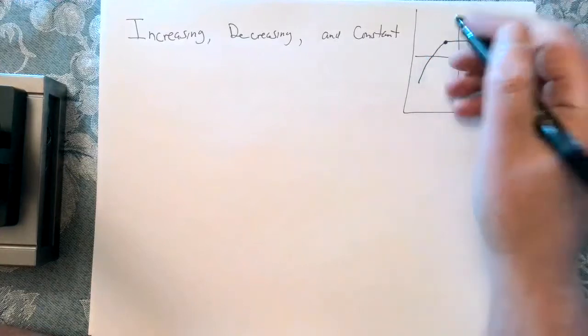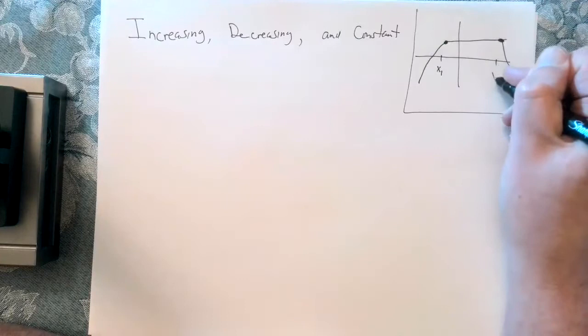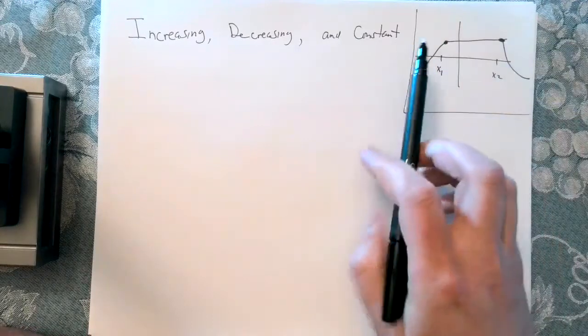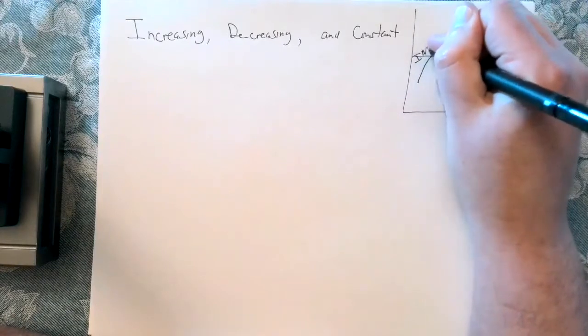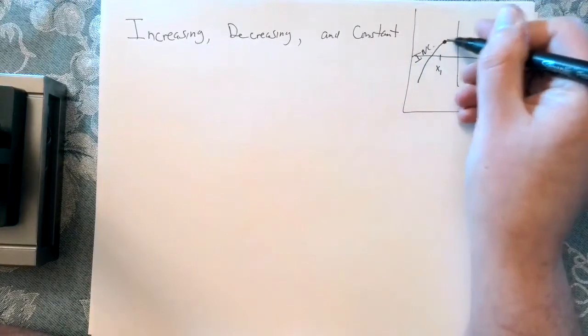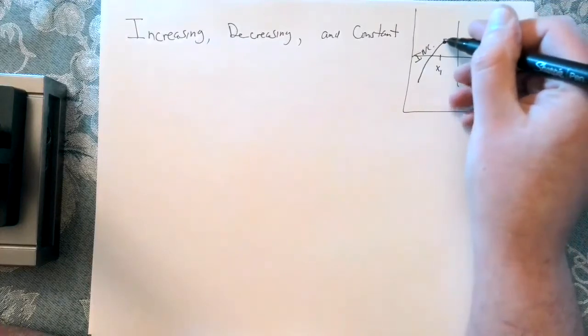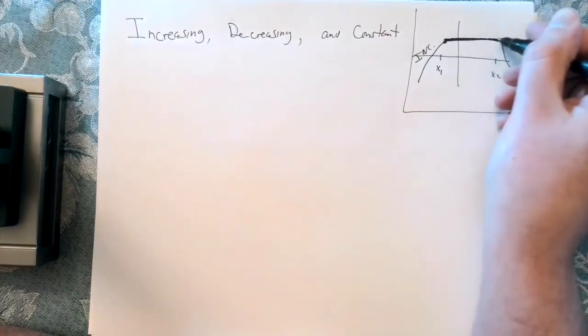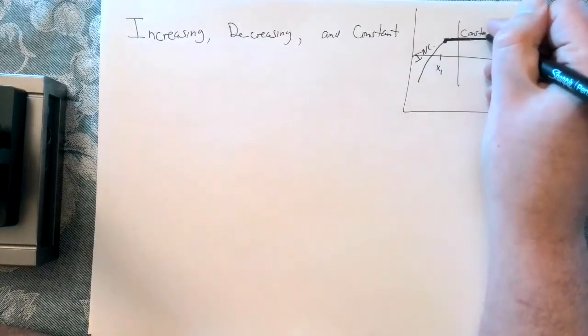Okay, so on some interval here, we'll call this x1, we'll call this x2. So from -infinity to x1, it looks like my function is increasing. And then here, this should be parallel to the x-axis. Imagine that's parallel to the x-axis, so that should be constant. That gets a smiley face.